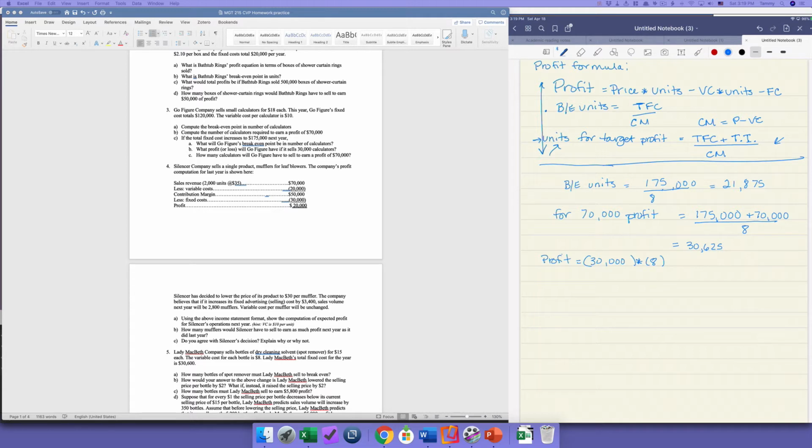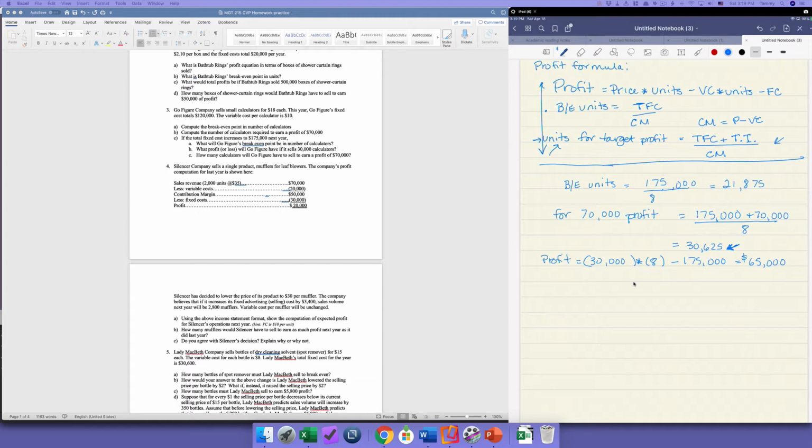So it's 30,000 times 8 minus 175,000. That gives us $65,000 in profit. And we can do a little sort of reality check. We see that 30,000 is close to this number here that gets us to 70,000. So yep, that all makes sense. So that, my friends, quickie, is how you do number 3.